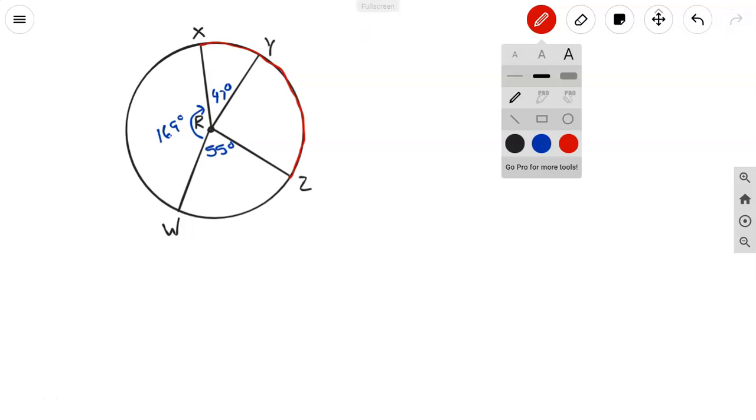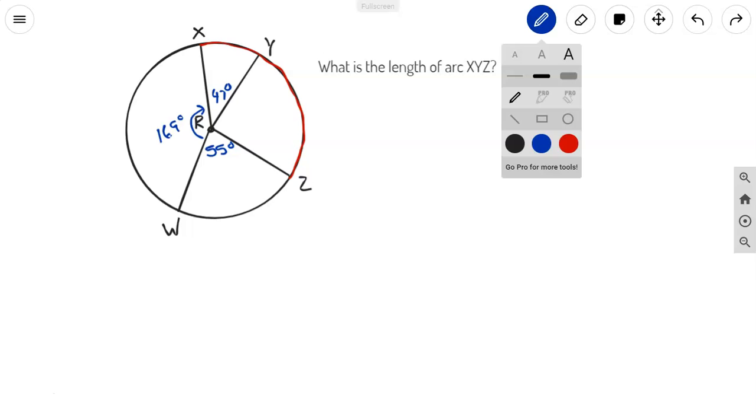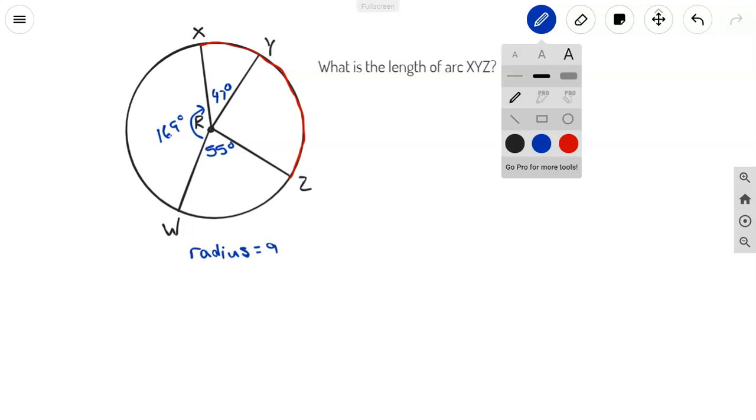Remember, those are central angles, so the arc lengths are the exact same. In this case, they want to know what is the length of arc XYZ, so that red arc that I drew for you. The radius of this circle is going to be 9.